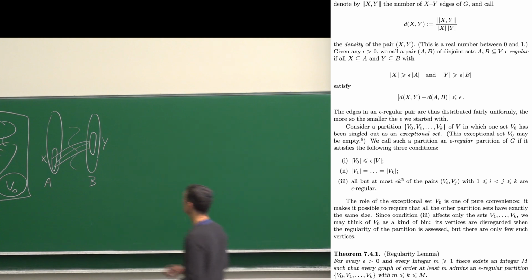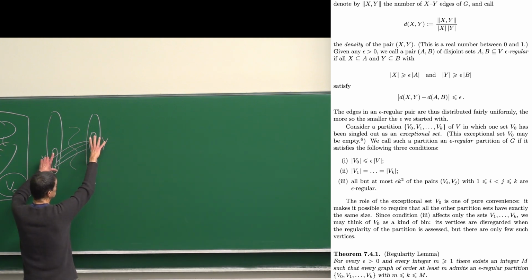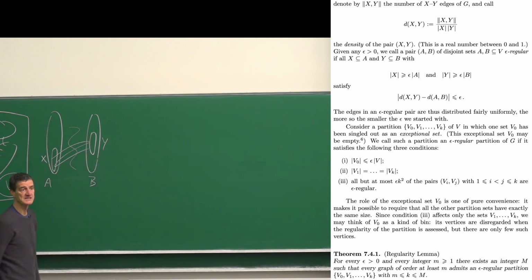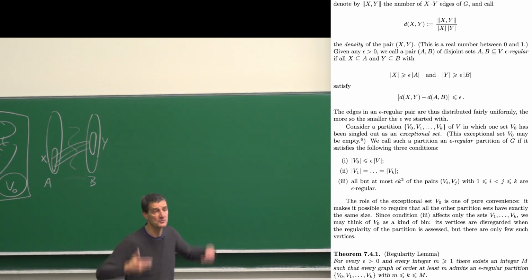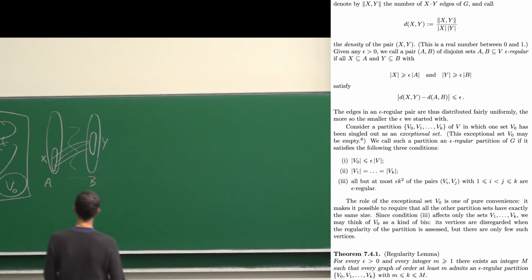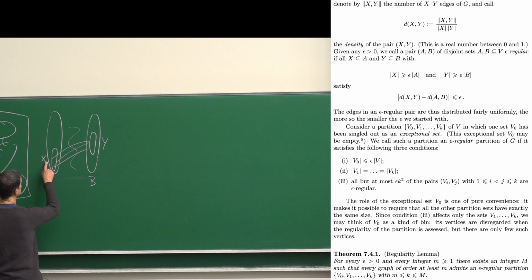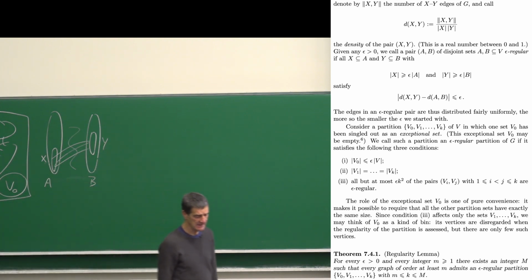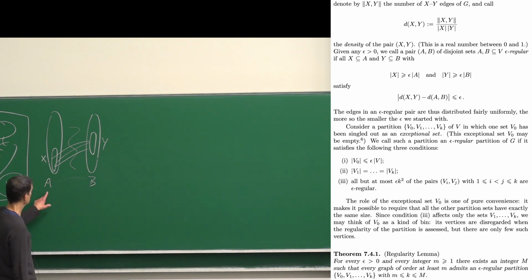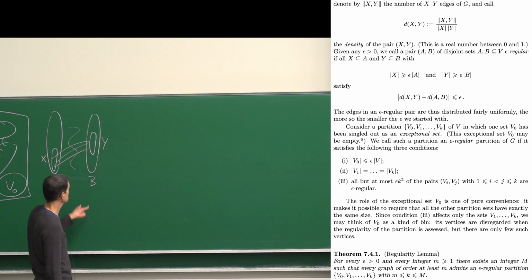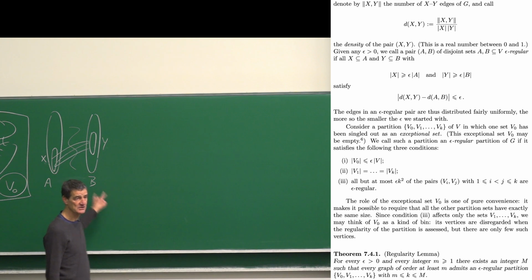So all pairs of subsets that are not too small reflect the overall density between A and B. And that is what I called uniform distribution of edges earlier. Okay? When I say not too small, the meaning of that is that X is not smaller than epsilon times order A, and Y is not smaller than epsilon times order B.